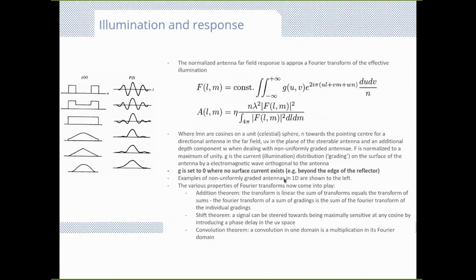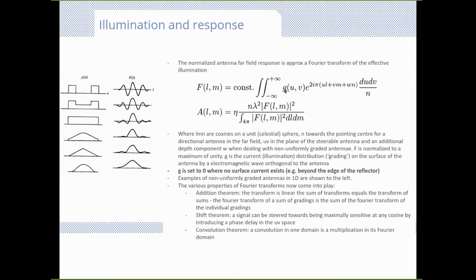Now, coming back to the response that we described yesterday, remember that we said that there is a roughly Fourier relationship between the aperture of the antenna and its response in the far field. I'm just going to recap that relationship here, indicated by this first equation. Here we have a function g(u, v).